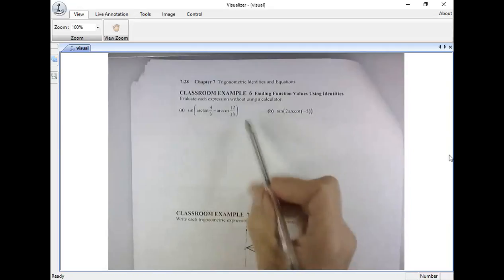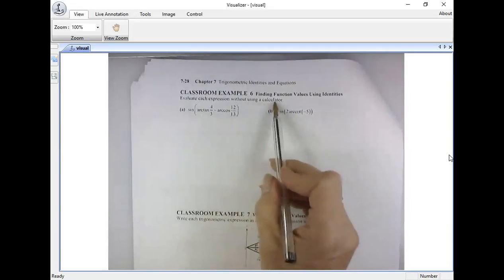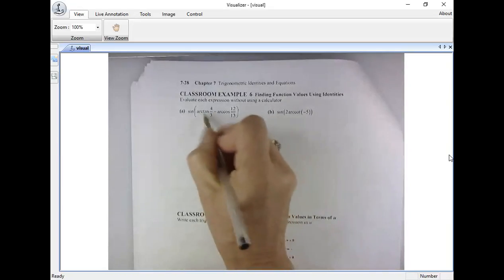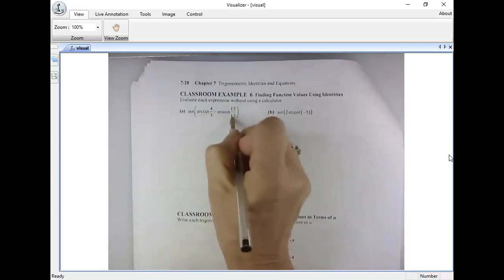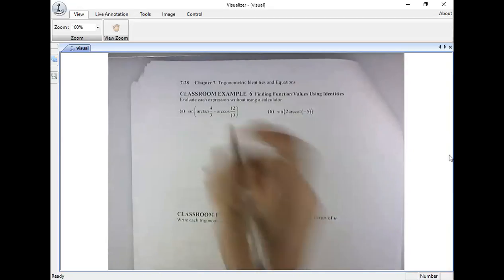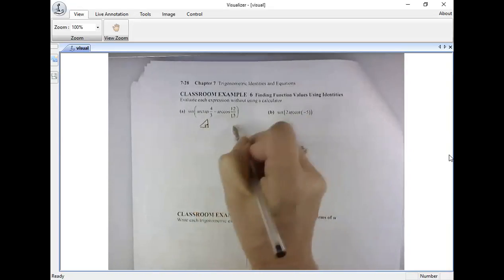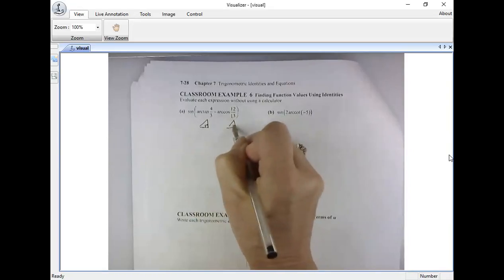Okay, so this says evaluate without using a calculator. So give me some ideas on what you might want to do first. Draw 2 triangles. Excellent idea. So these are both positive ratios, so I'm pretty confident these are going to be in the first quadrant. So I just need to draw 2 triangles here.